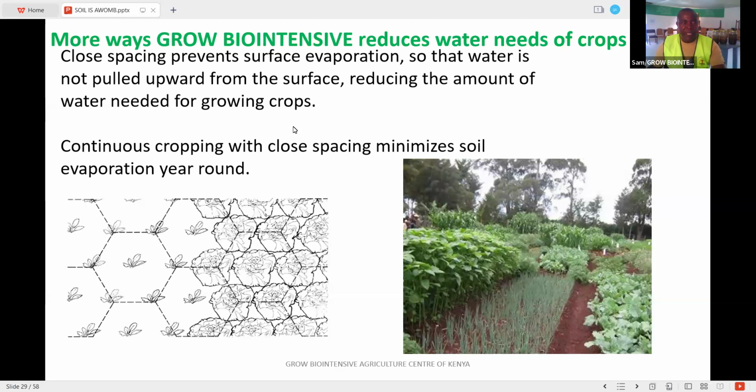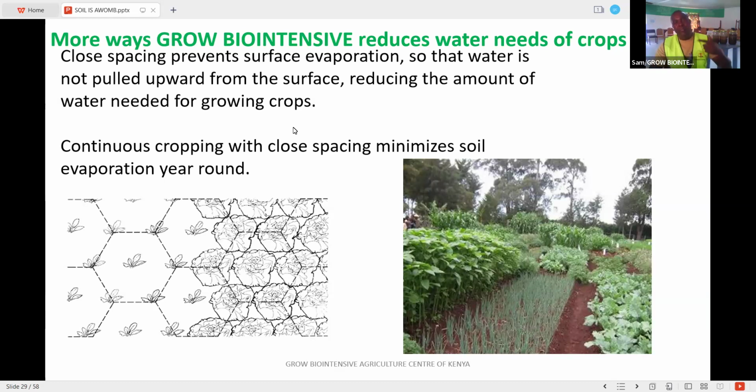And the other way of conserving water is when you are covering your crops and you're using practices and principles that are very practical. One of the practical principles in global intensive is close spacing, after you have added enough organic matter, loosened your soil and broken the hard pan.